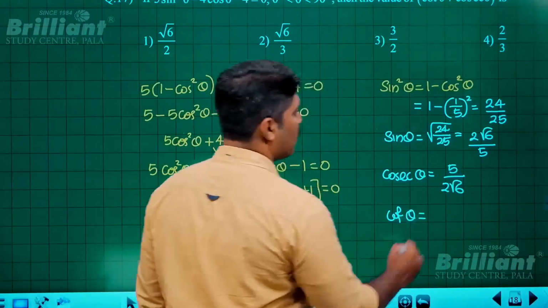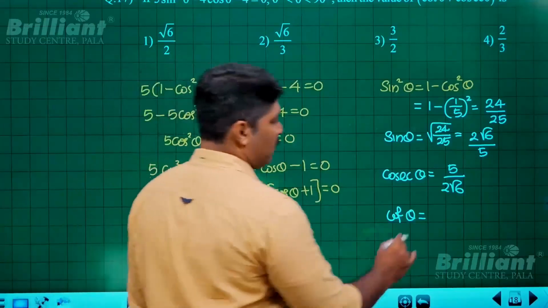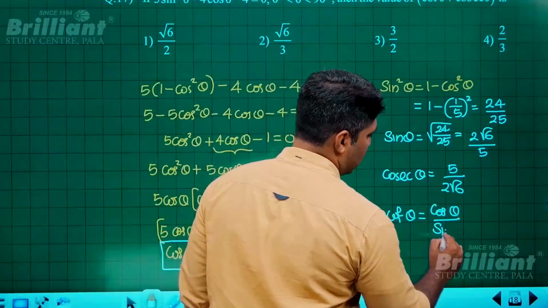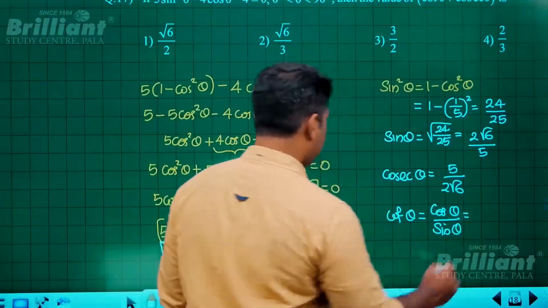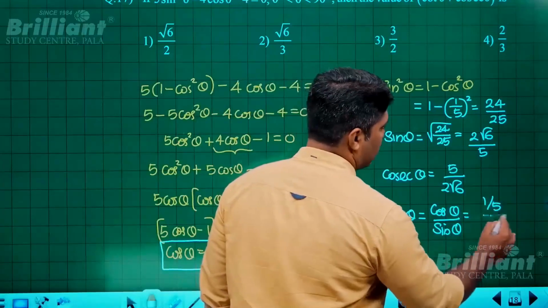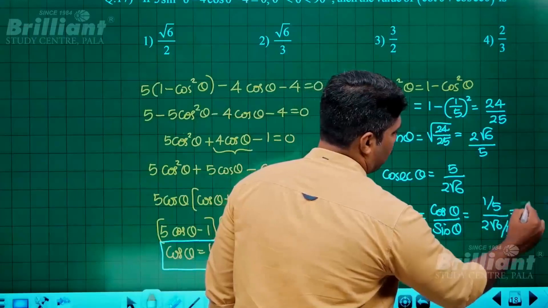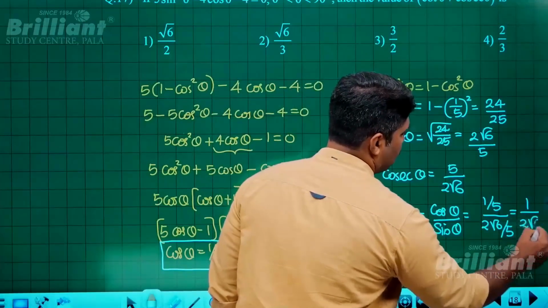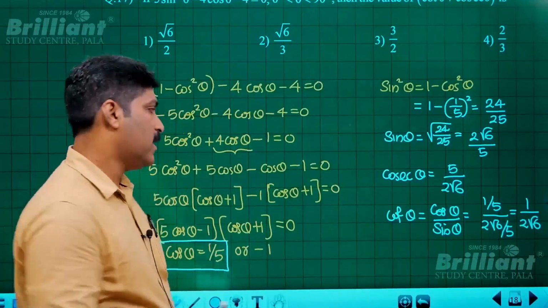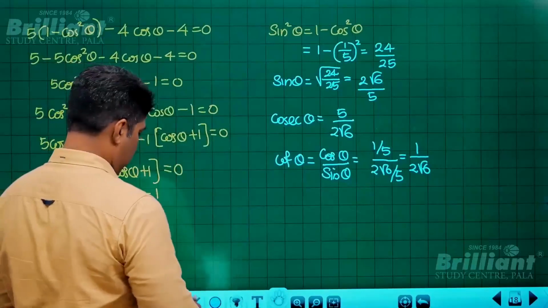Cot theta is nothing but cos theta by sine theta. So what is the cos theta here? That is 1 by 5. What is sine theta? That is 2 root 6 by 5. So that is simply 1 by 2 root 6. Then we have to find out the value of cot theta plus cosec theta.